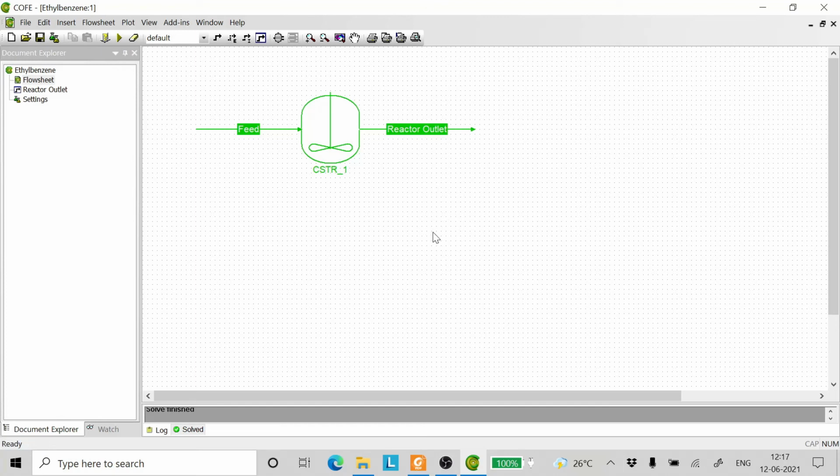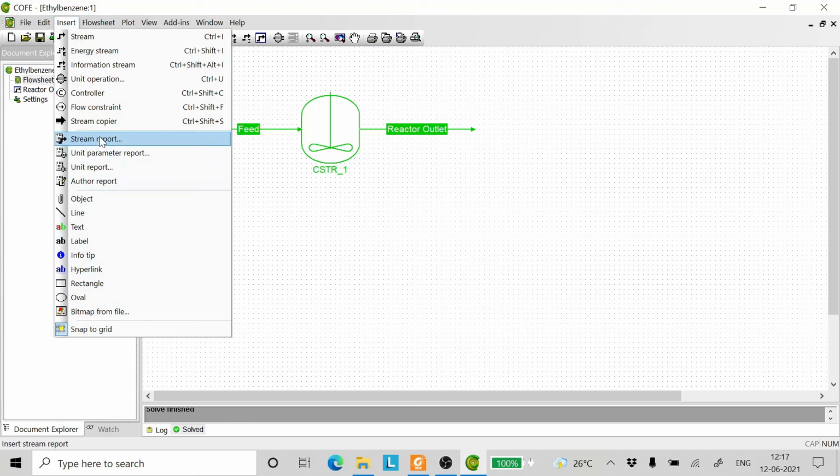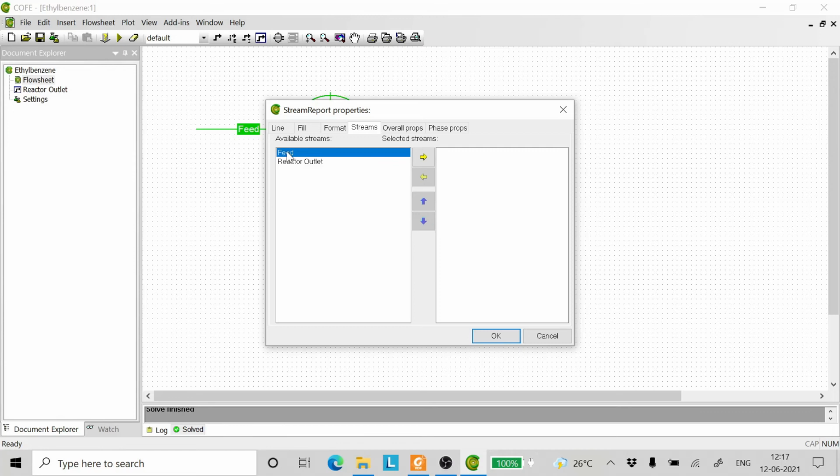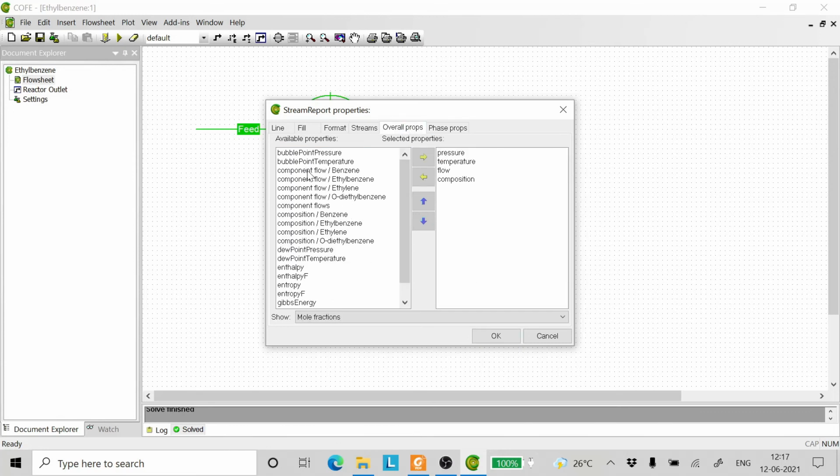We have simulated it. Let's click on insert, stream report, select the streams, go to overall properties and select component flow of ethyl benzene, component flow of ethylene and component flow of diethyl benzene.